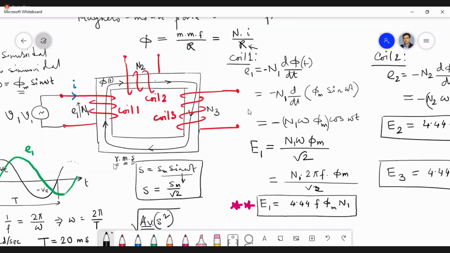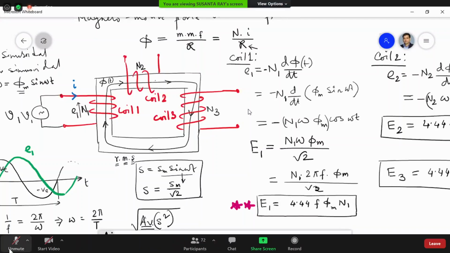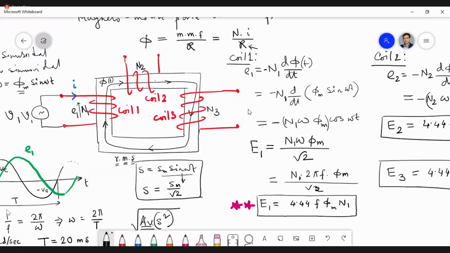But you can't say that there is no connection. There may be no electrical connection, but there is one connection. What is that? The flux. The magnetic circuit is one, and that is linking all these coils. All three coils are connected by the magnetic circuit.